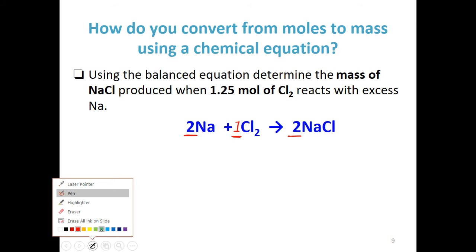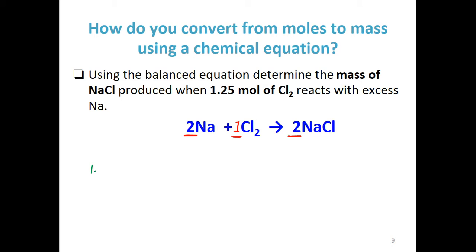But exactly 1.25 moles of Cl2 is reacting, and they want us to calculate the grams of NaCl, or the mass of NaCl, that's being produced when 1.25 moles of Cl2 is reacted. So we're going from moles to mass, okay?